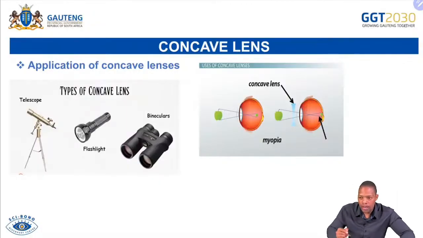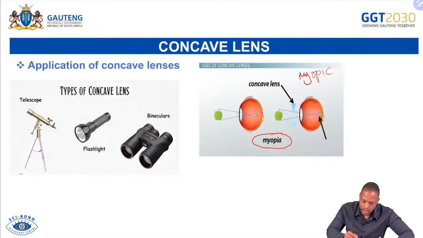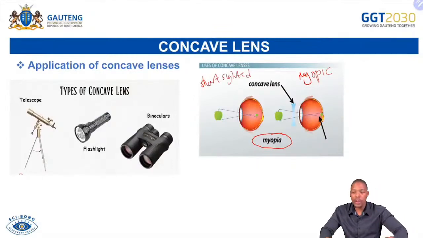But the one that I want you to know the most is the use for people who have myopia, or people who are myopic. People who are myopic use a concave lens to correct their issue of sight. These are the people that we say are short-sighted. They see things only when they are close.